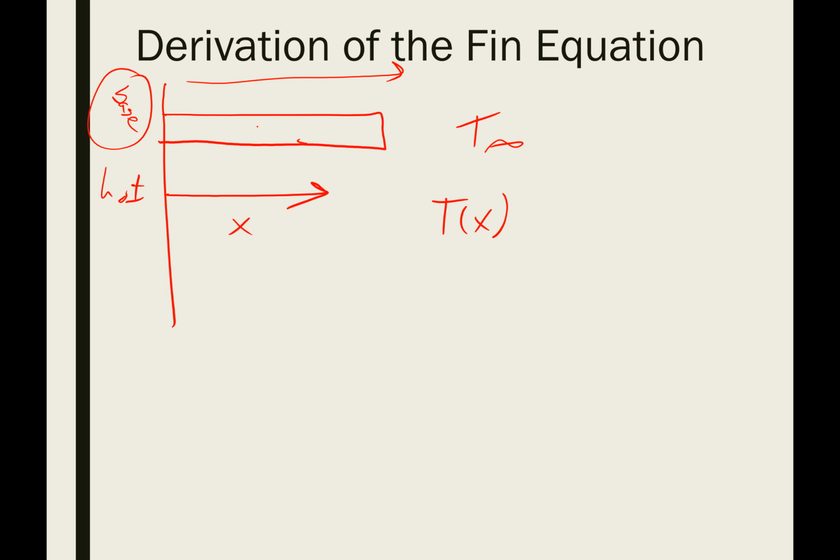So we would take a control volume, a shell or some little slice out of this thing, and just give it an arbitrary width of delta x. Then we would do our balance on that section.